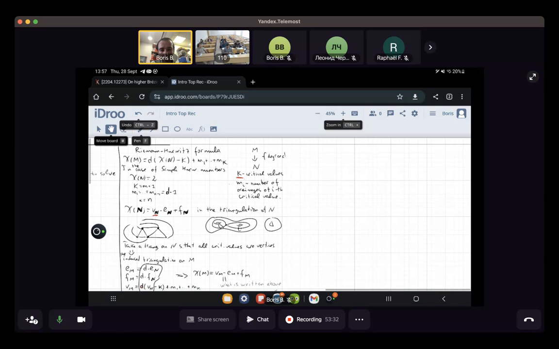Давайте я по-другому напишу. Вот такую сумму: μ1, 1 минус 1.